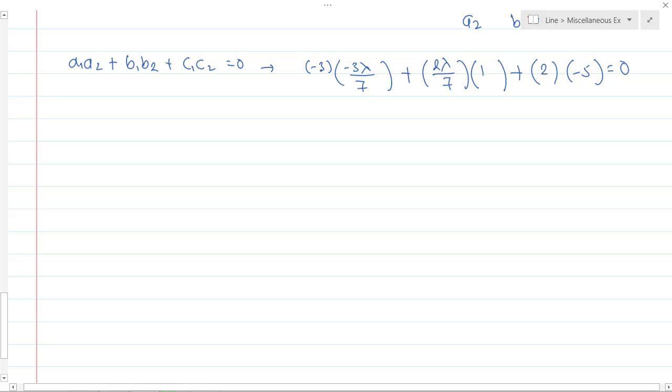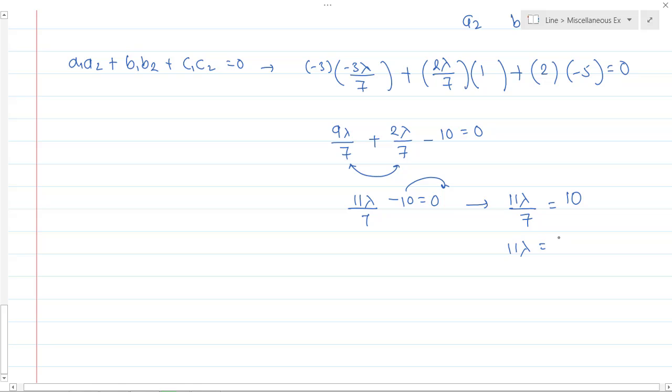So you will be having minus 3 into minus 3 is 9 lambda by 7, plus 2 lambda by 7, minus 10, equals 0. The denominator of both is the same, so simply you can add the numerators. So it is 11 lambda by 7 minus 10 equals 0. This minus 10 goes to the other side and becomes plus 10, so 11 lambda by 7 equals 10.